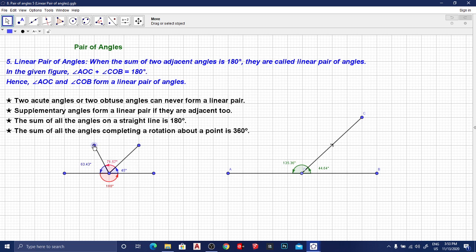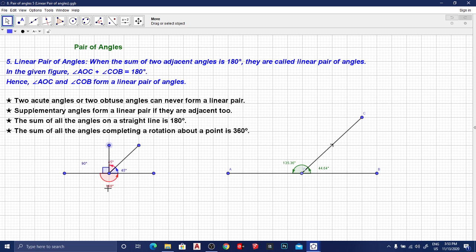If you take some other angles like this also, 63 plus 71 plus 40, something like that. If you take like this, 63 plus 49 plus 66. If you add these three angles, this also will give you 180 degrees. This is 120 something, this is 50, 180 you are getting if you add these three. So therefore, the sum of all the angles on a straight line is always 180 degrees.